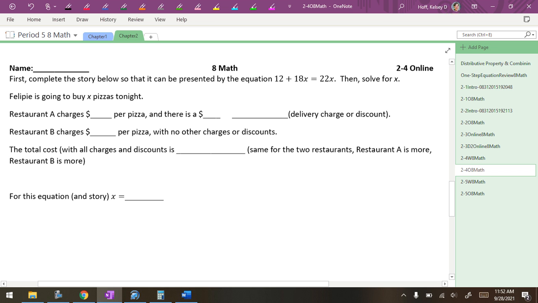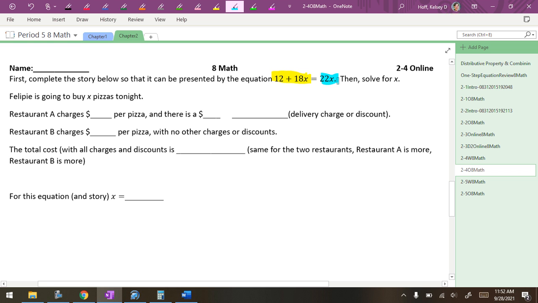On that last problem, pool 1 was equal to pool 2. Each side of the equation represented a separate pool. Well, the same thing's happening here. Each side of this equation represents two different restaurants. One is restaurant A and one is restaurant B. My question is, how do you know which side is which? Gavin? One has no other charges.